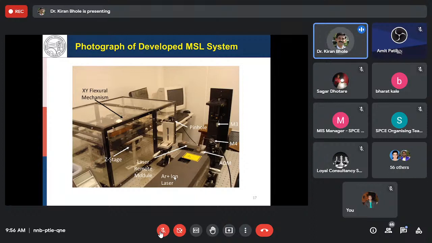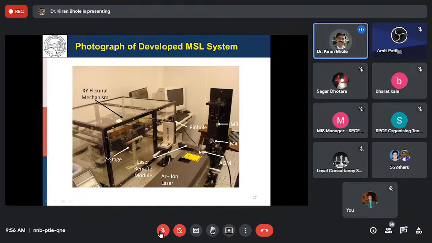If you are using a different laser, then you have to see the compatible resin. The resin should be able to absorb the photon at that particular wavelength. So depending upon your resin system, your laser system can be chosen, or based on your laser system, your resin can be chosen accordingly.